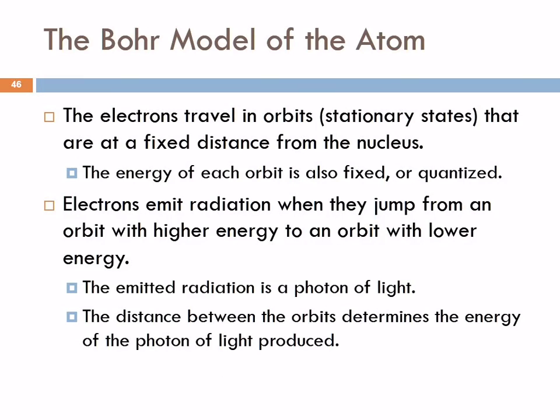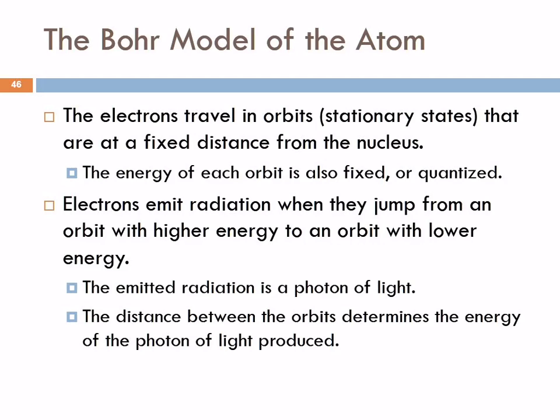So in the Bohr model, which is by far the easiest model to understand, we have the electrons traveling in orbits, like the planets go in orbits around the sun. And these are stationary states. They're spherical orbits at fixed distances from the nucleus.